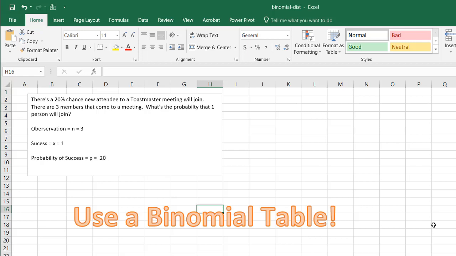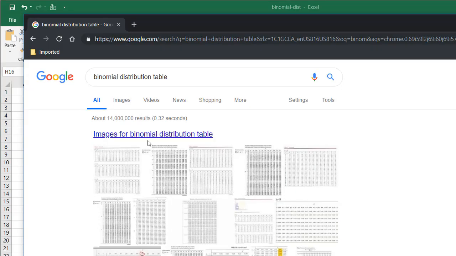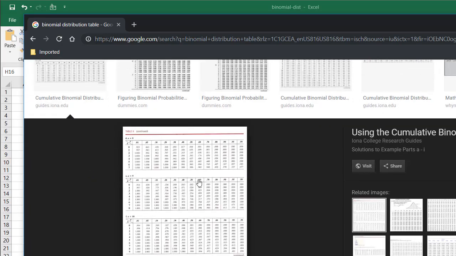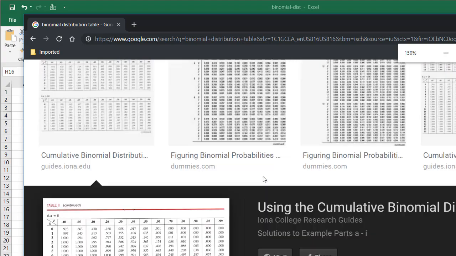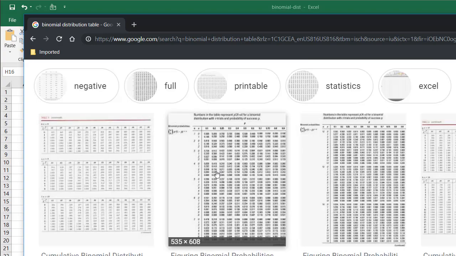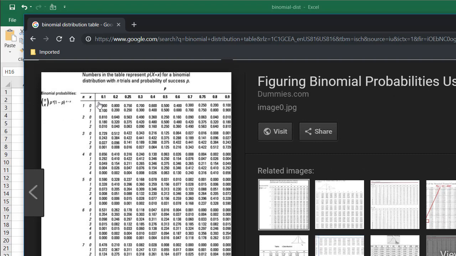If I just Google for a binomial table, I will find a bunch of tables here. Let's look at the first one here. Maybe this will give it to me. And that's kind of small. Let's make it a little bit bigger. Let's see. This didn't work because n is 8, n is 9. No, we had an n of 3. So let's find n of 3. Here we go. So we have an n of 3.